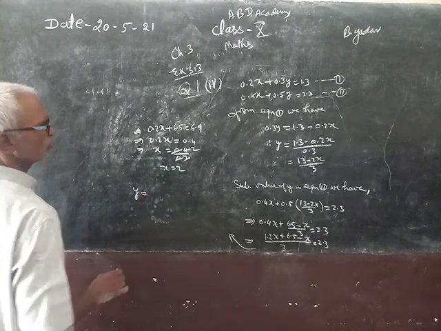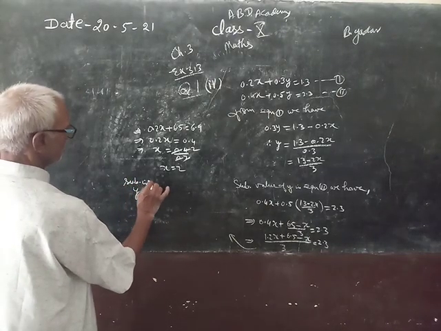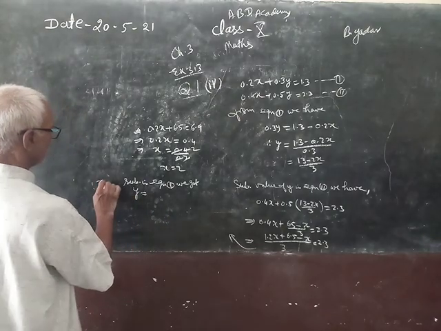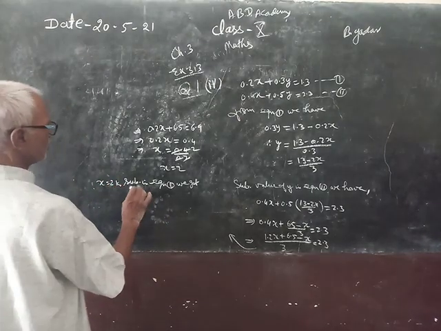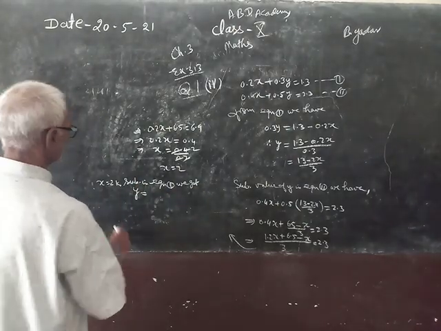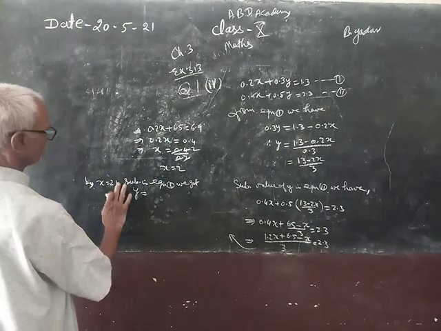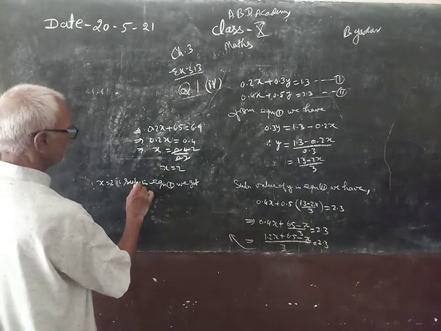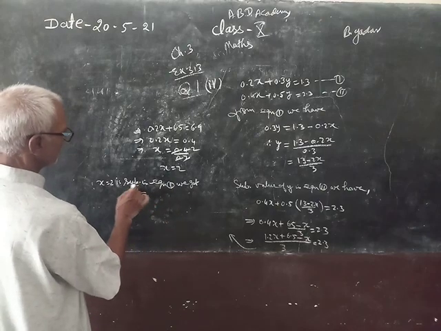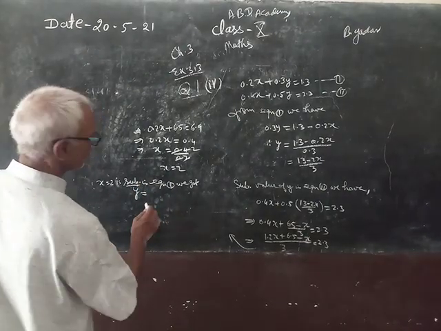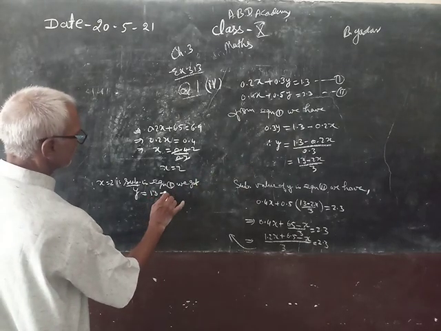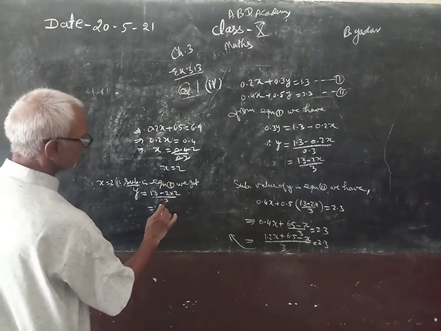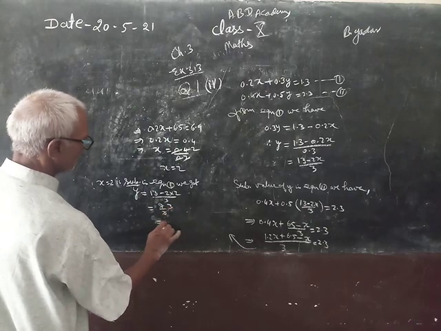Therefore, substituting x is equal to 2 in equation 1, we get y is equal to 13 minus 2x, that is 13 minus 2 into 2, upon 3, so it is 13 minus 4, that is 9 by 3, so y comes 3.